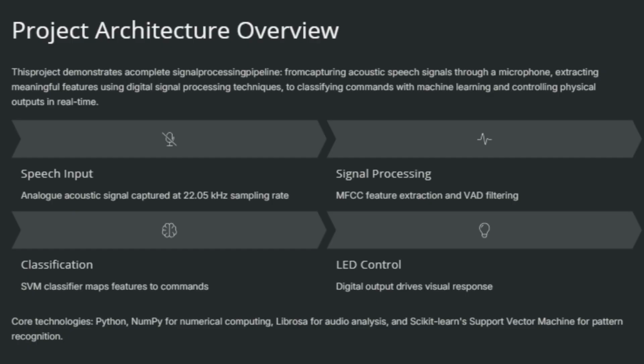The first step is voice activity detection, which checks if the input actually contains speech or silence. We do this using the root mean square energy of the waveform. RMS measures the average energy level, and if it's below a threshold, we ignore the signal as noise or silence. We also apply a trimming function to remove silent parts at the beginning and end, improving the clarity of our data.